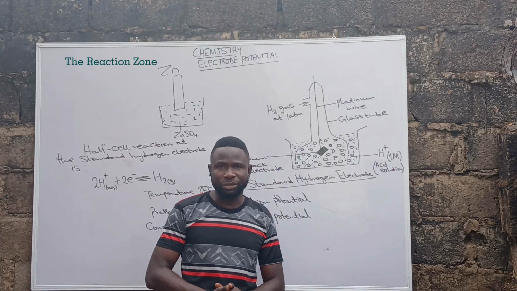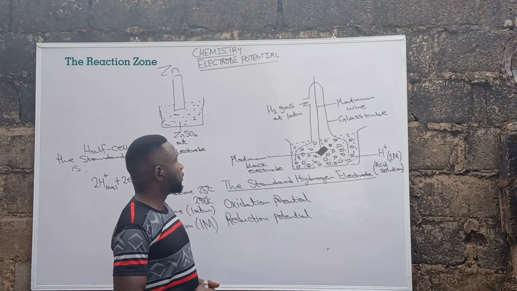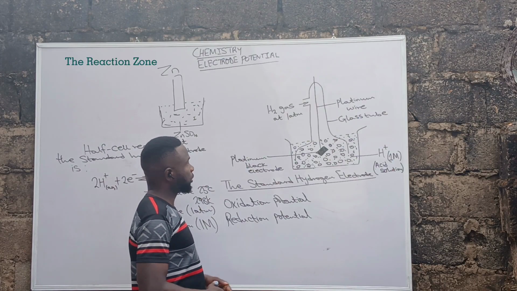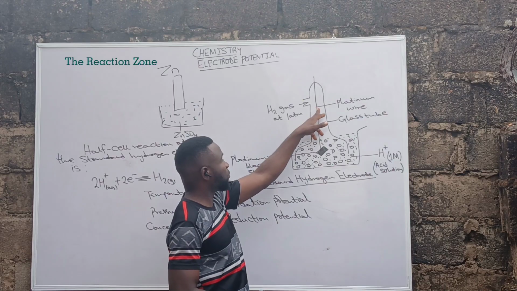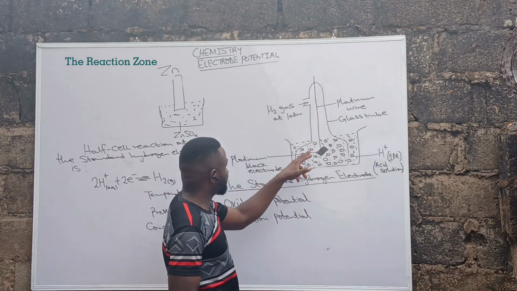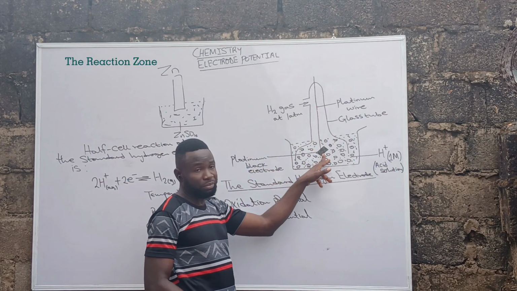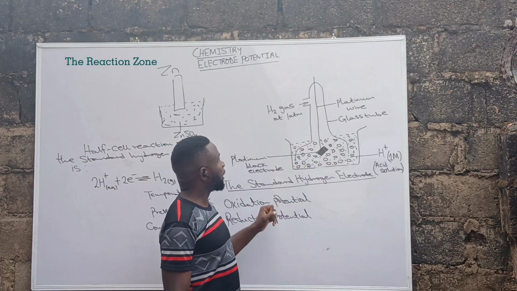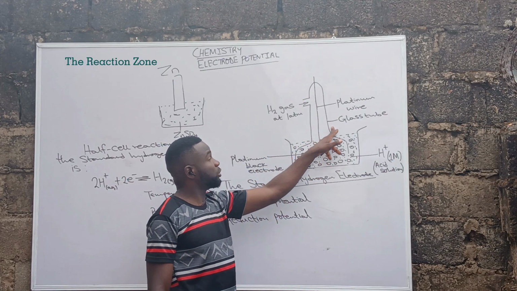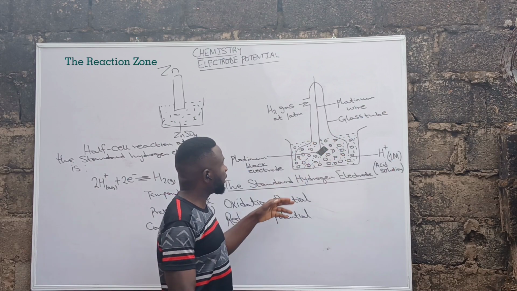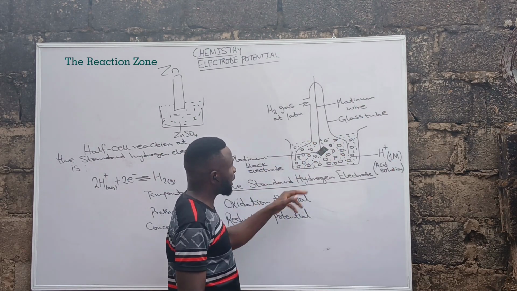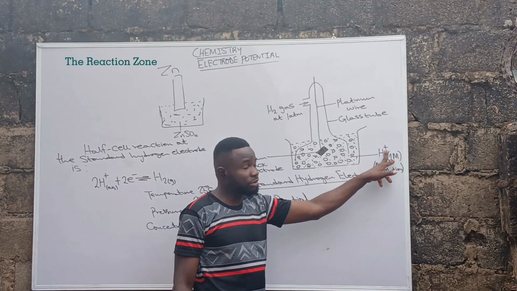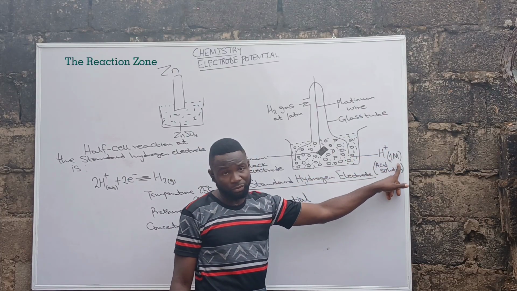How is the standard hydrogen electrode prepared? The standard hydrogen electrode consists of the following. It consists of a platinum wire that is attached to a platinum strip, which is also called platinum black electrode, and then sealed in a glass tube and immersed in an acid solution whose hydrogen ion concentration is 1 mole per dm cube.